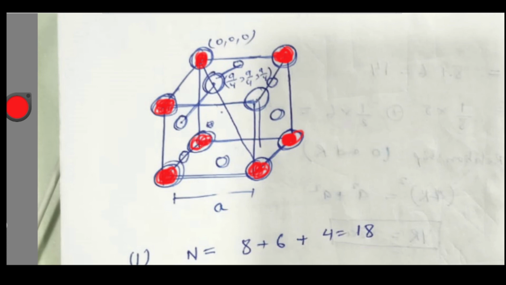These red ones are corner atoms, and face centered atoms will also be present. So these are the face centered atoms.